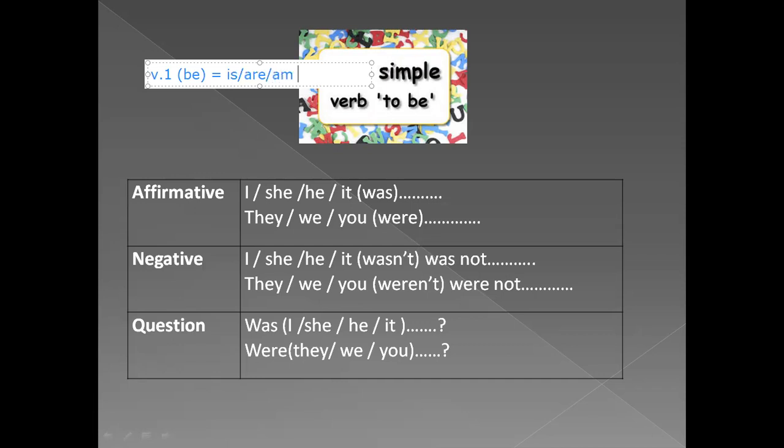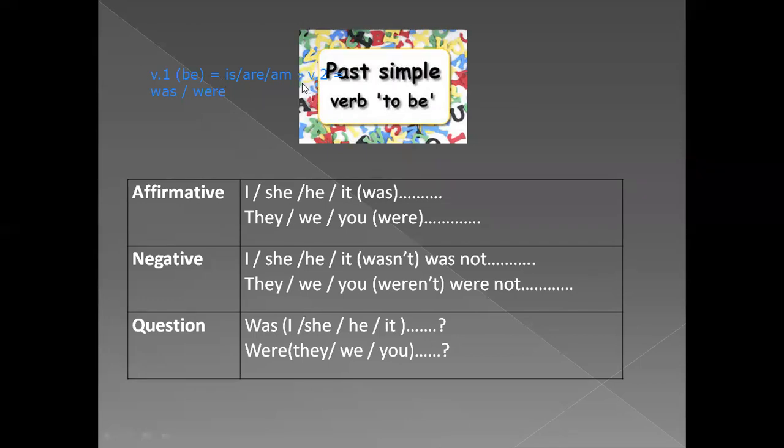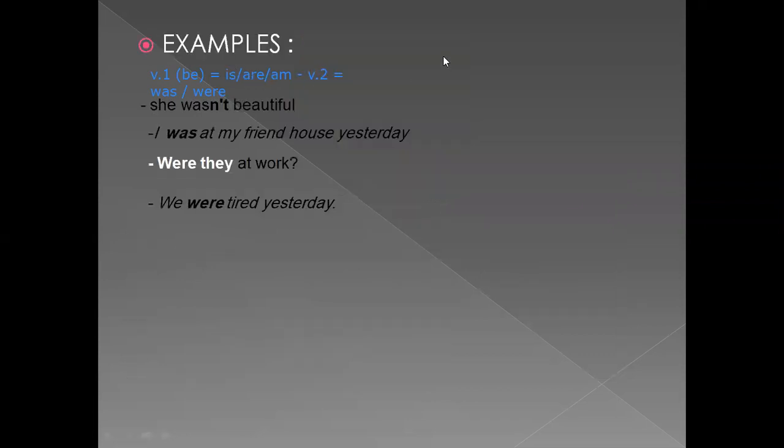When I would like to change it to verb 2, which is the past simple of verb to be, it will become was and were. Okay, yes, was and were. I think it's clear right here.